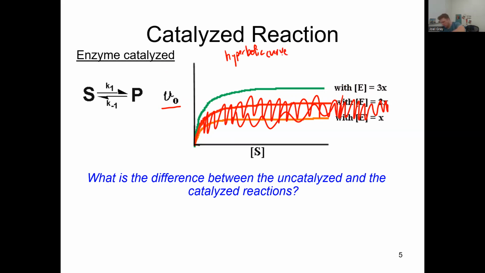As a hyperbolic curve, my question is, when have we previously seen a hyperbolic curve? And I mentioned this earlier. This looks like an O2 binding curve for myoglobin.